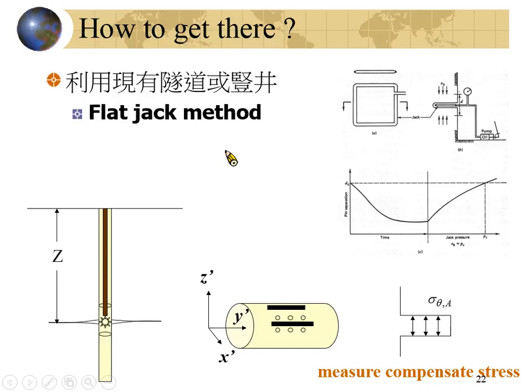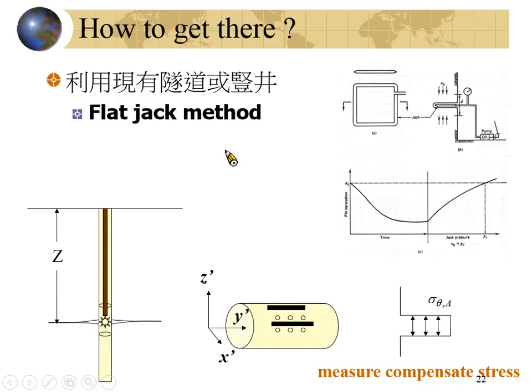Then you can evaluate the in situ stress. So we call it the stress compensation method. So you have the fracture method and the stress compensation method. The most commonly used technology will be the flat jack method.